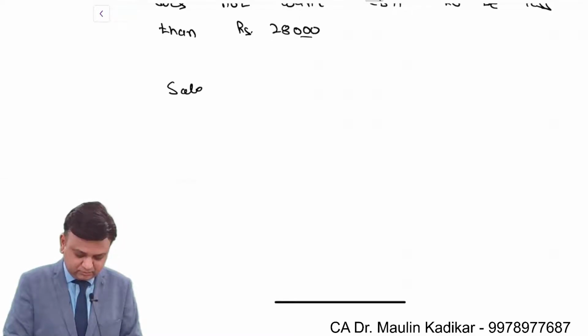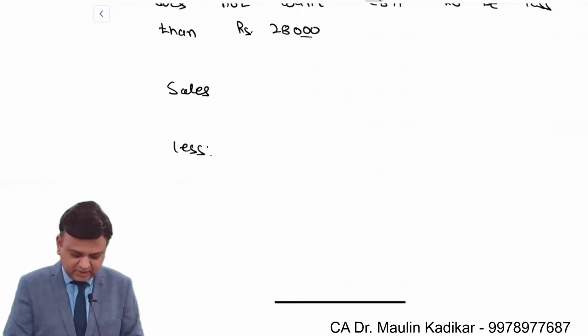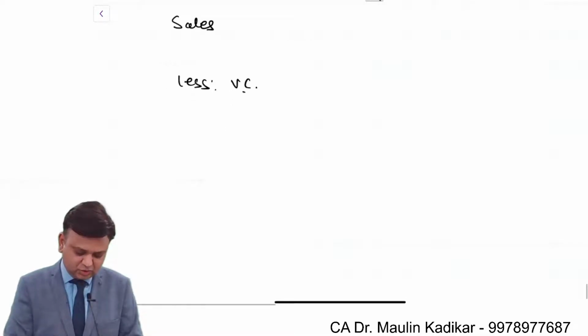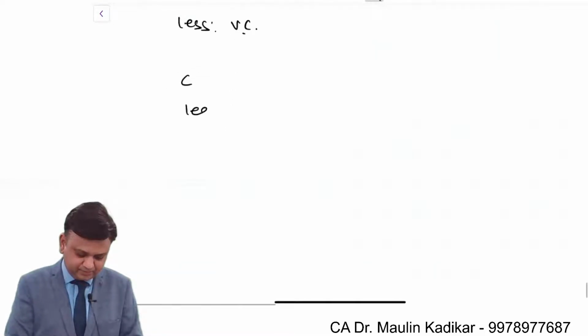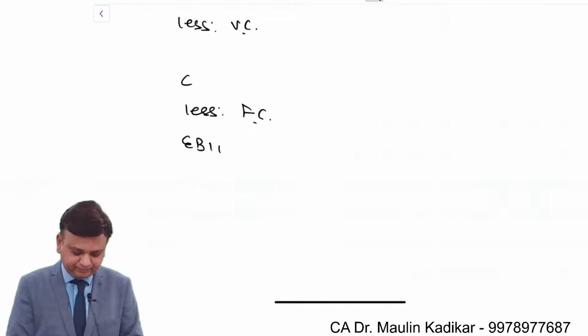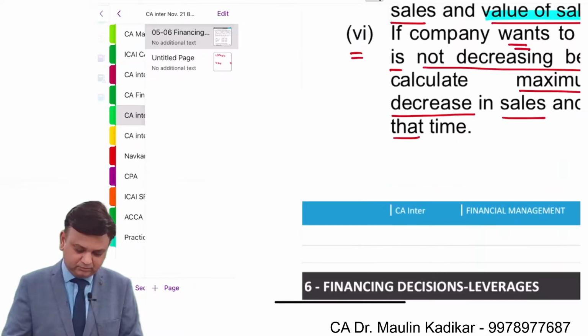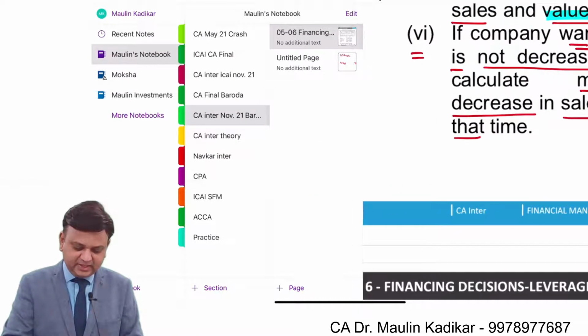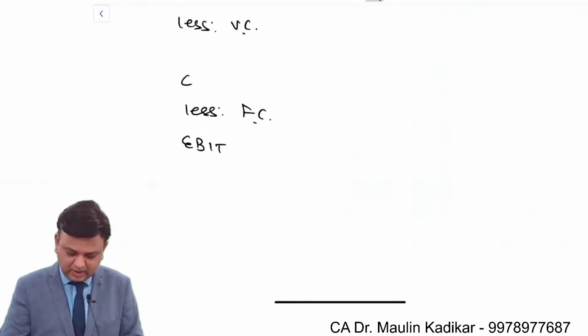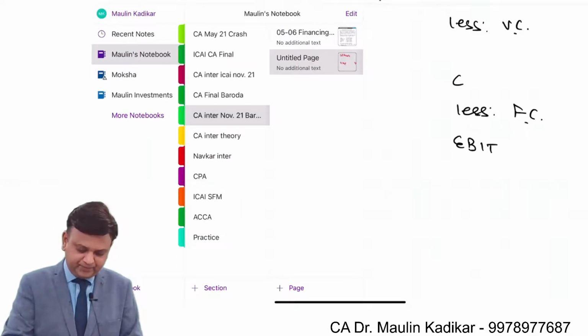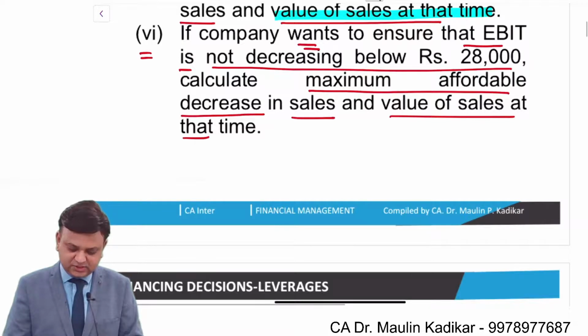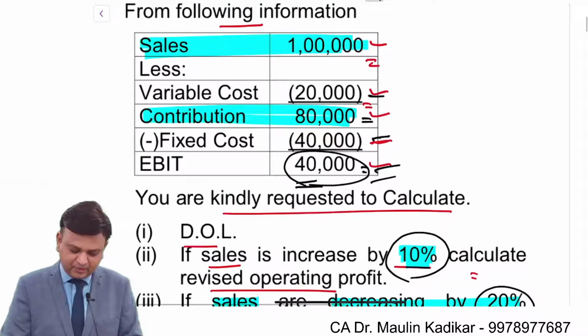Sales less variable cost, contribution, less fixed cost is EBIT. The amount of EBIT is 28,000. The amount of the fixed cost is 40,000.